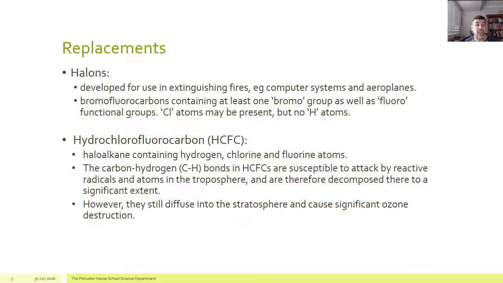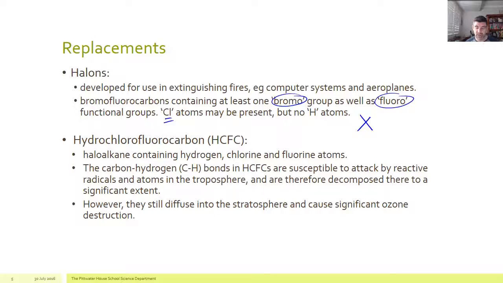So I guess the replacements, firstly the halons were developed for use in putting out fires in very large computer systems when they were in rooms and also on aeroplanes. They contain at least one bromo and fluoro group, but they may also have chlorine atoms that don't have hydrogen atoms. But this was not a good solution because similar things were happening, just not quite at the same rate.